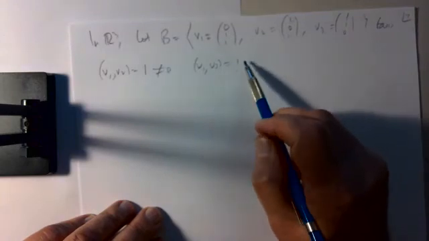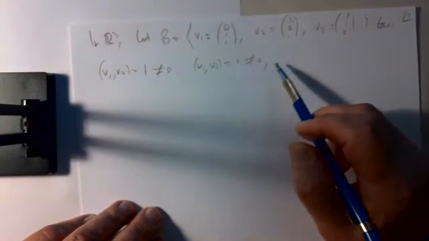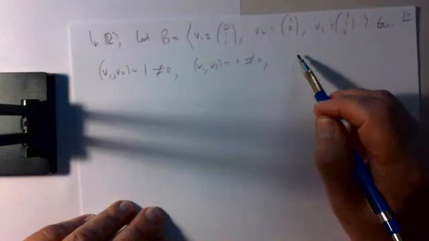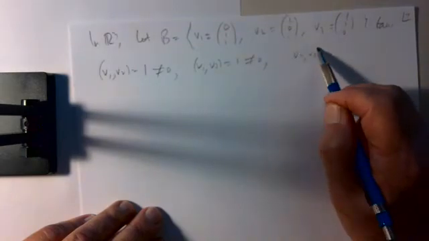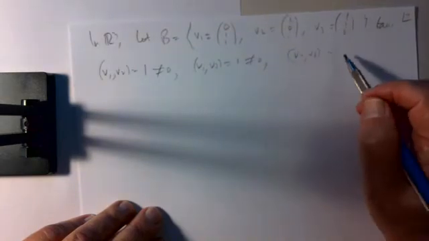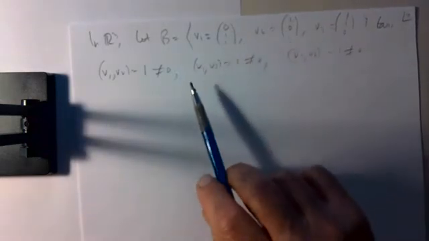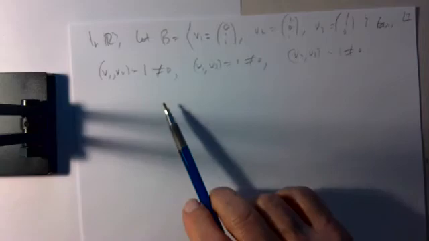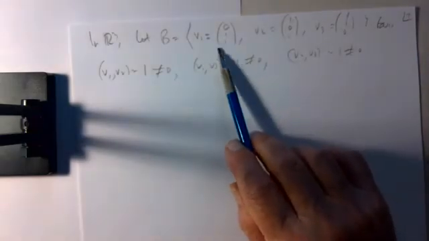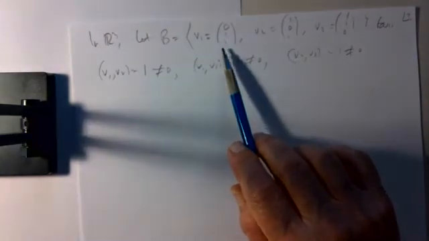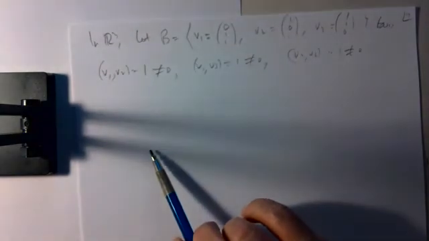It's also 1. It's not 0. What is the inner product of v_2 and v_3? It's 1. It's not 0. So no pair of these vectors is perpendicular. But I want to obtain from this basis an orthogonal basis.